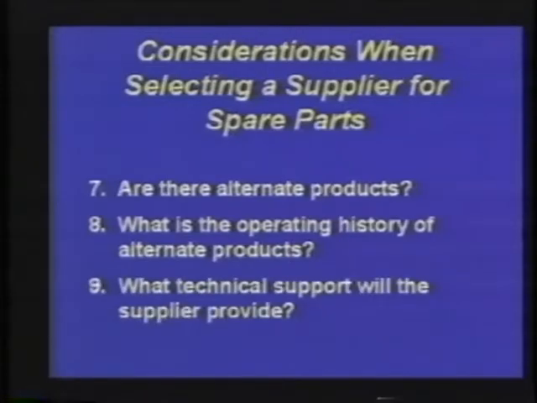Step number 9 is the technical support that you receive from a supplier. In many cases, suppliers have 2 types of sales personnel. They have what is called an order taker, and all that person does is take orders and communicate the requirements back to his or her shop, and then they will fill the order in its entirety or partial or whatever.